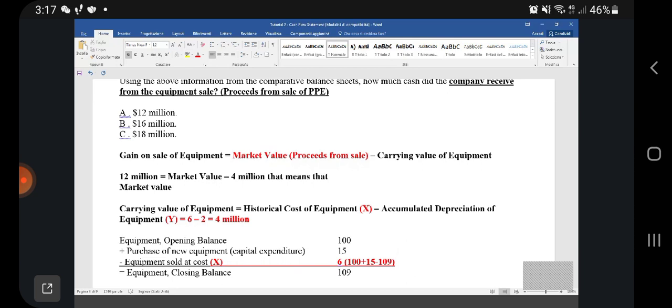That means that the market value of proceeds from sale that we need to calculate are equal to 12 million plus 4, 16 million. Okay. So alternative B is the exact one over here.